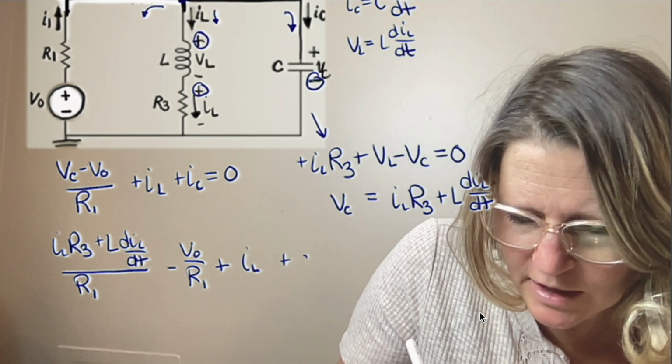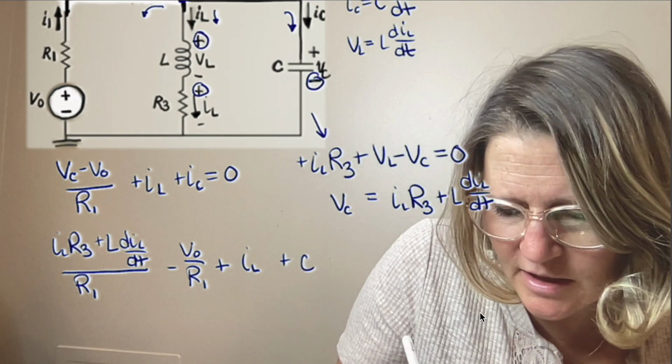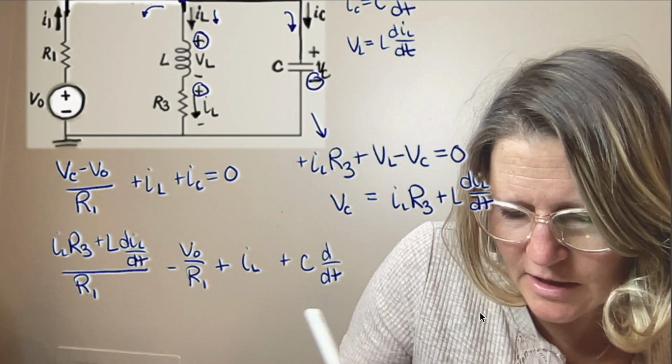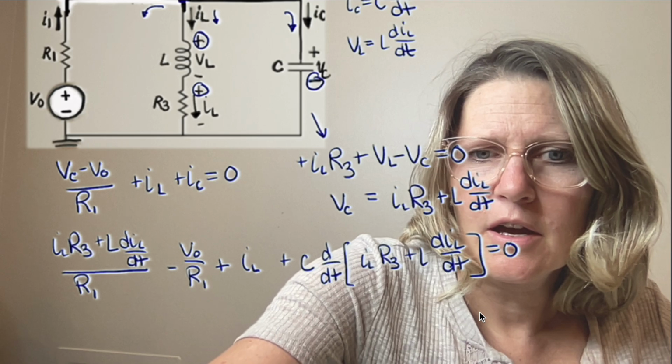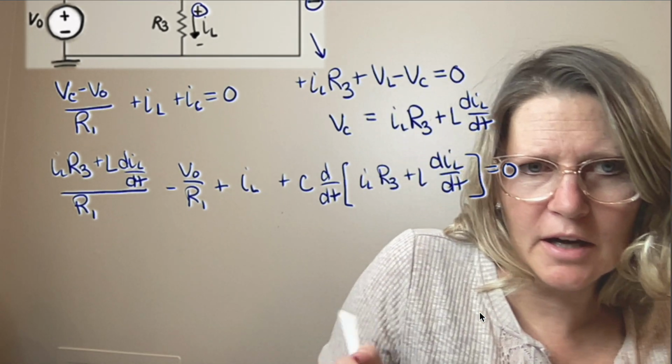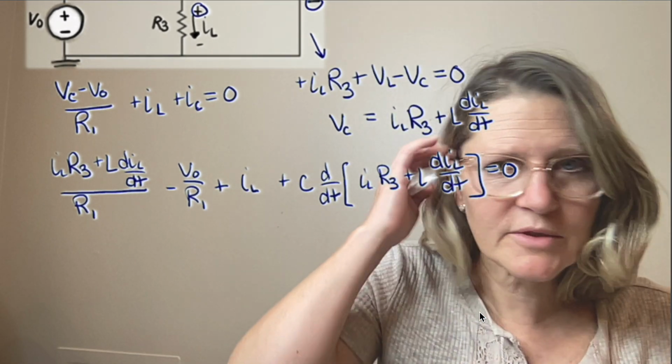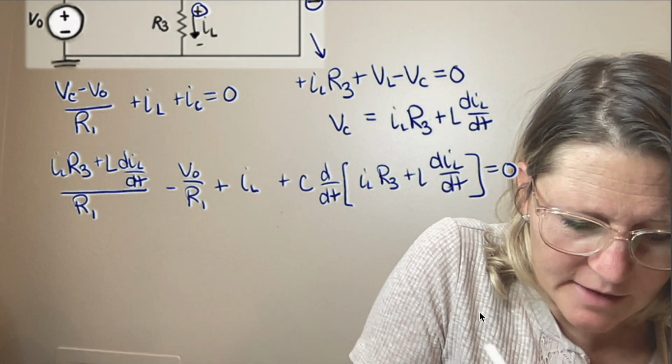And now for IC, I can do a replacement of C dVC dt. If I differentiate this, VC is going to be ILR3 plus L dIL dt. Now I can combine terms and differentiate this out fully.